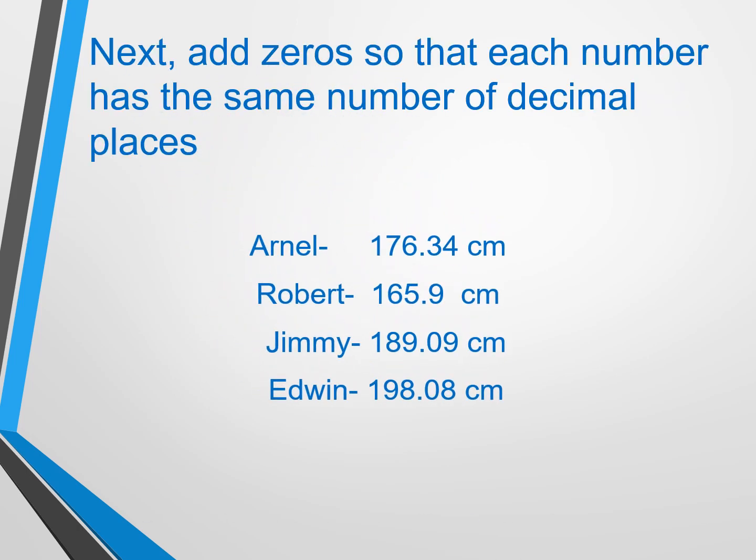Next, add 0 so that each number has the same number of decimal places. So we're going to add 0 to Robert's height so that they have the same number of decimal places. Although we add zeros, as we all know, adding 0 at the right of the decimal number, the value stays equal.